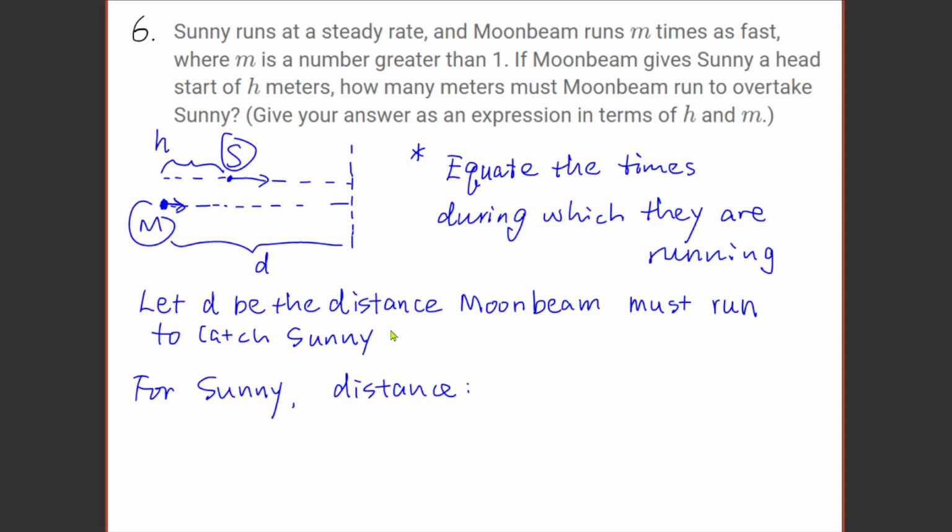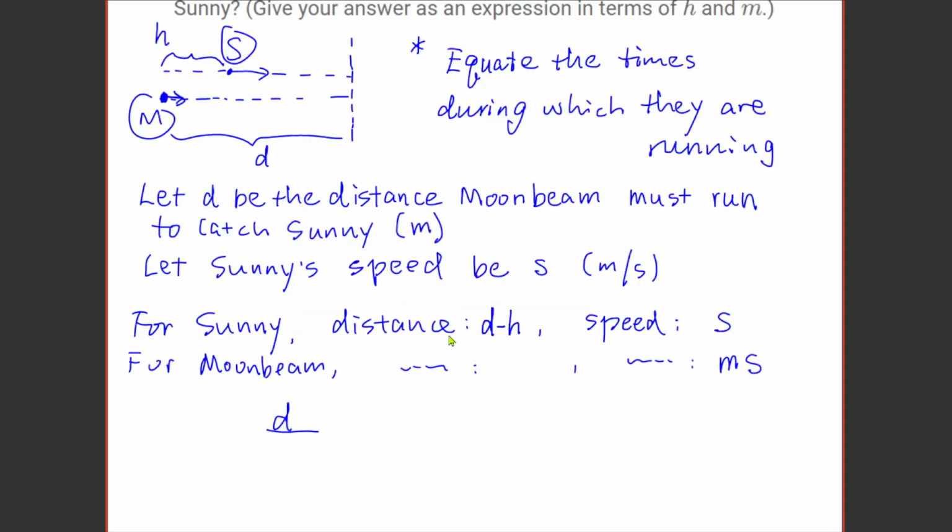And we use unit meters. But for Moonbeam, the distance it runs is d. Therefore, we have (d minus h) over s should equal d over ms, right?